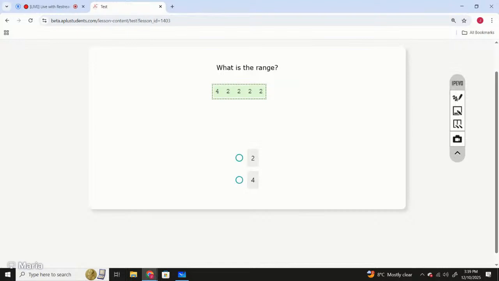What is the range? That is 2. The range of the given data is 2.